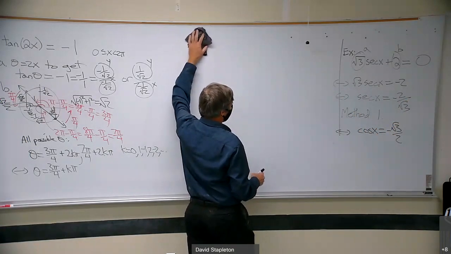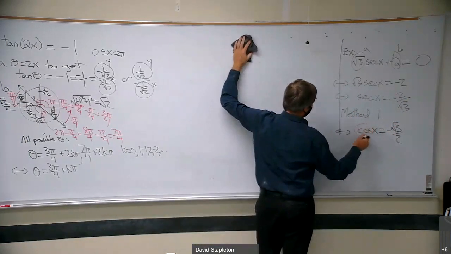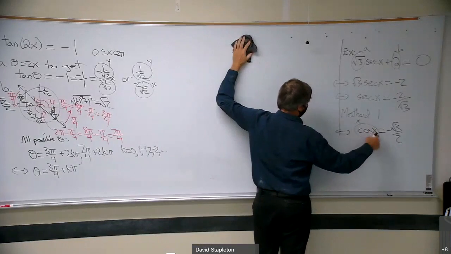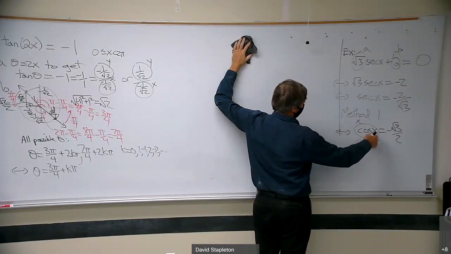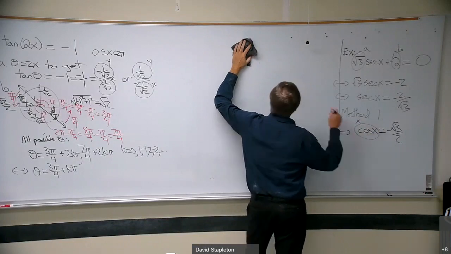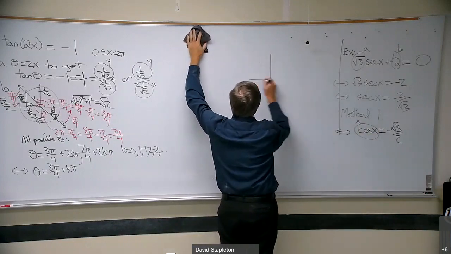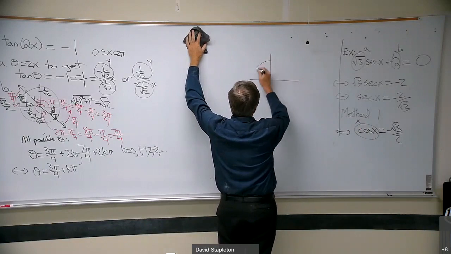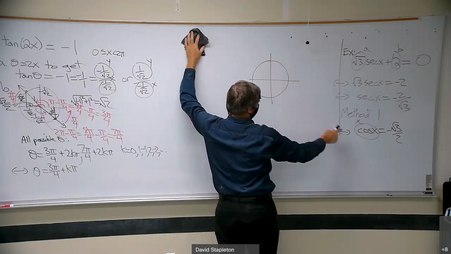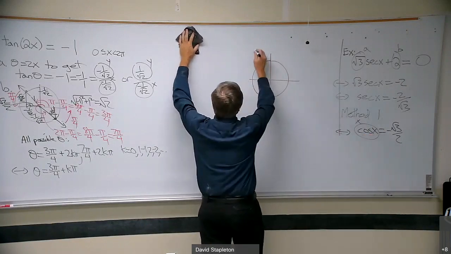So if I want to solve that, I'll call this the x coordinate in the unit circle, different from this x. I'd rather call this theta or something, but the homework uses x. So I'll say this is the x coordinate in the unit circle that I'm solving for. So I look at all points with x coordinate minus square root 3 over 2.